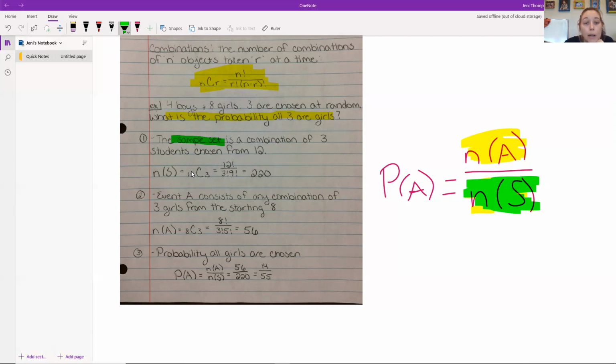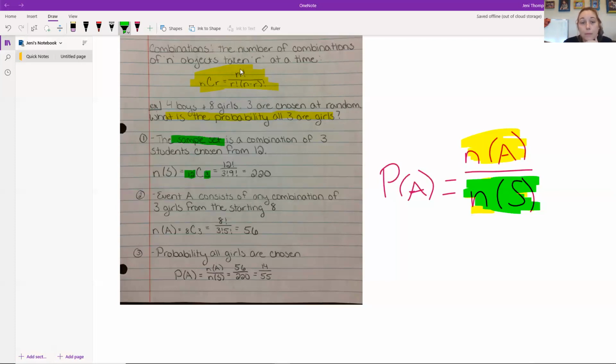So, the number of all possible outcomes in our sample set. How many objects do we have? 12. How many things are being chosen? 3. So 12 is our n, 3 is our r.